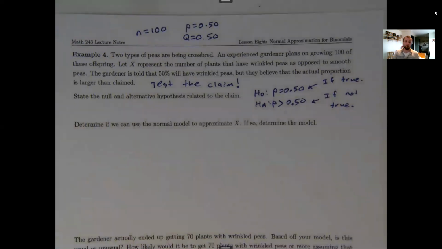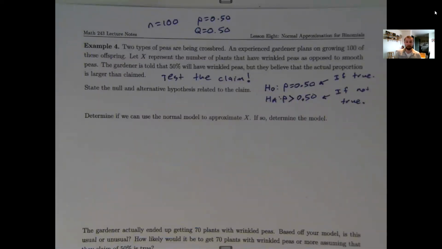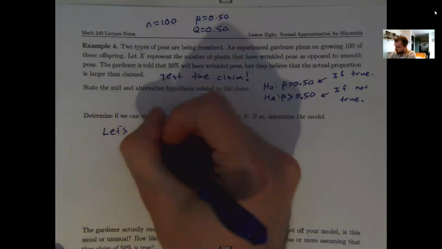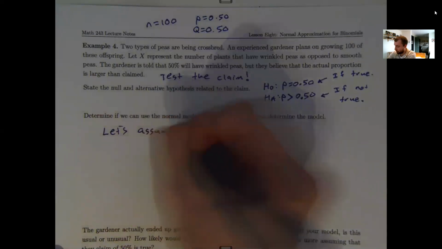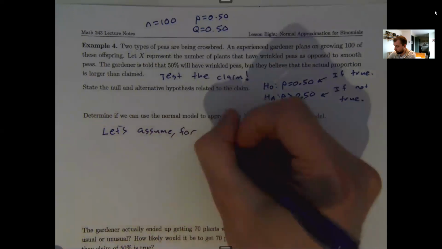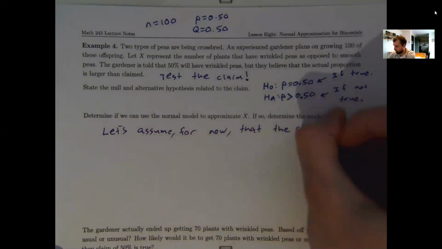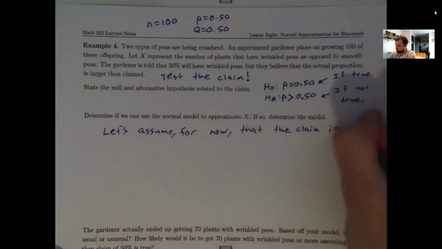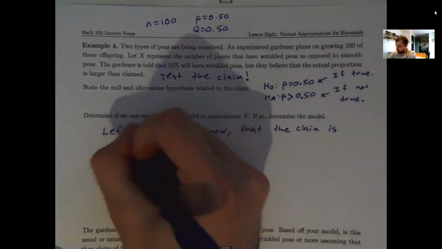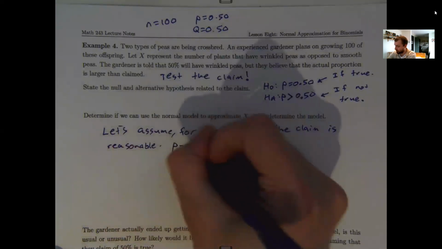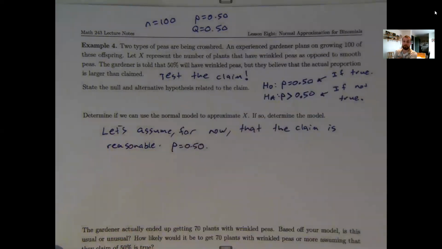Determine if we can use the normal model to approximate X. If so, determine the model. So here's what I'm going to do. Let's assume, for now, that the claim is reasonable. That is, I'm going to base my model off of the assumption that p is equal to 0.50 as they're telling me.